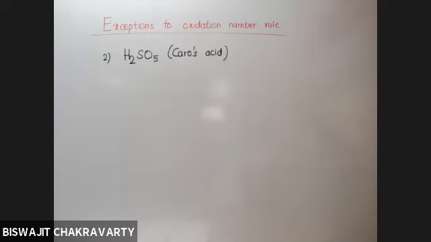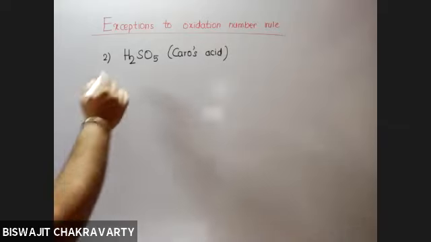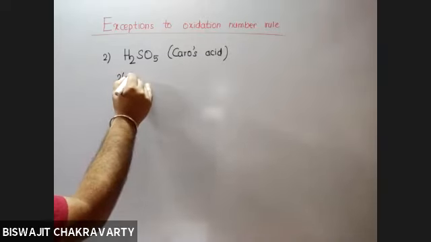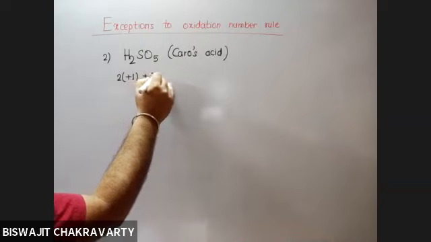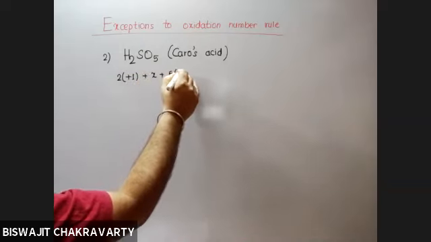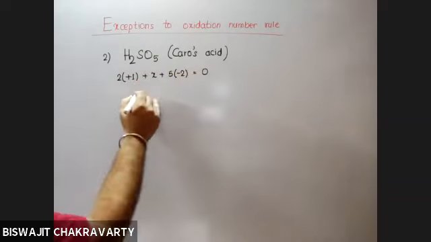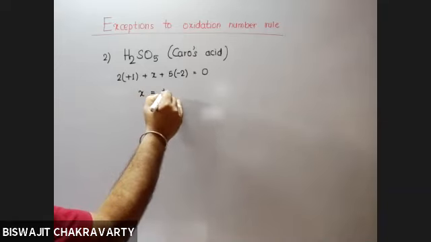How much is it coming out? Plus 8, sir. Okay. So by normal method, you have told me that if I give +1 to hydrogens, X to sulfur, X should come out to be +8.